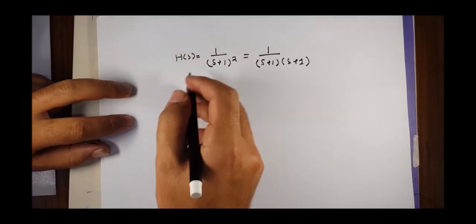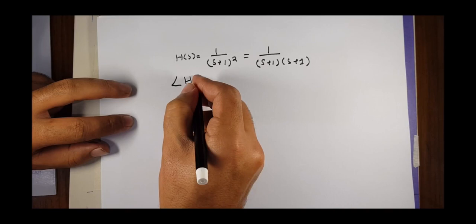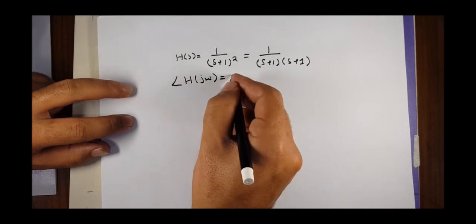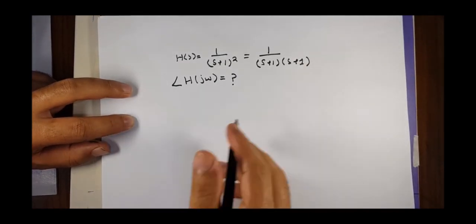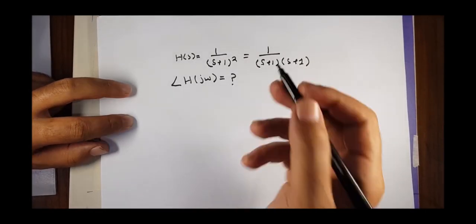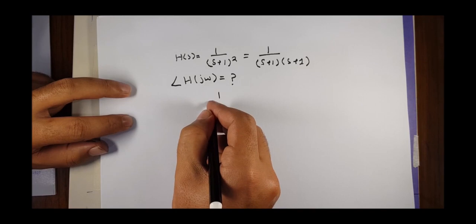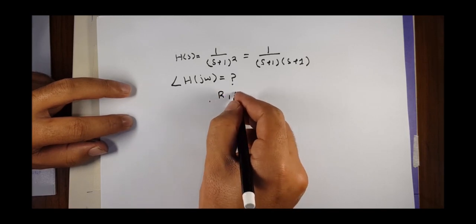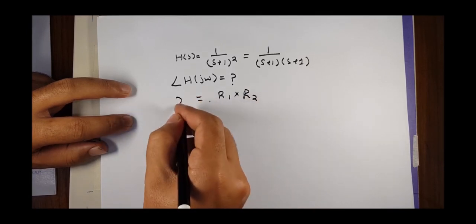Now we are interested in finding the angle of H(j omega). What will be its angle? For this purpose, this is simple. I know you will understand, but we will go to the basics of how we can find the angle of this. If you have two complex numbers given, say r1 multiplied by r2, say this is equal to z.